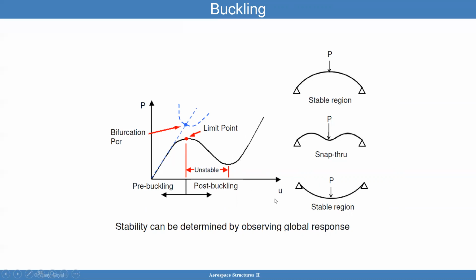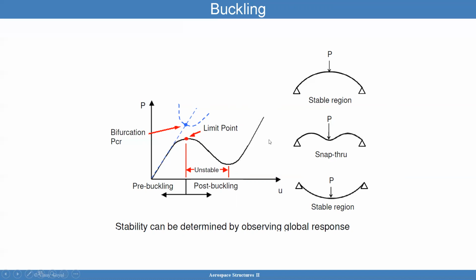But if you do it in a controlled fashion, where somebody is somehow holding that load location, holding it but pushing it down while holding it, you can then see that the load required to hold it is lowered, right? In real life, in most applications, when buckling occurs, it's going to be a snap through.